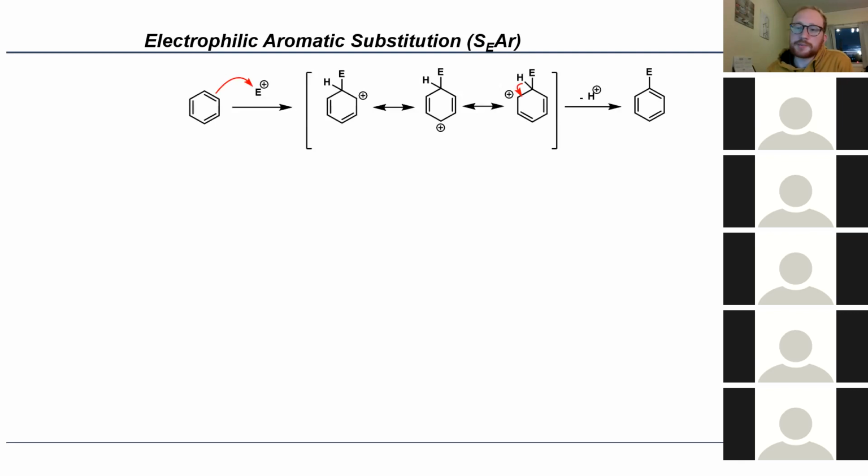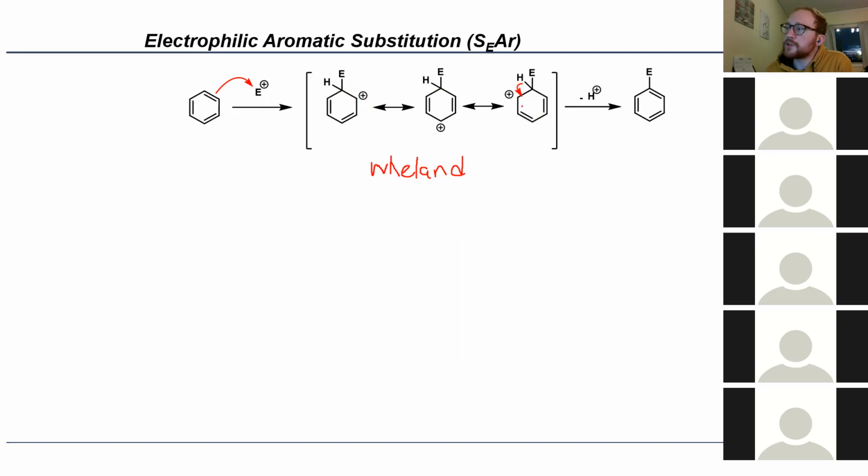In electrophilic aromatic substitution, the general scheme looks like this. We have an aromatic group that attacks an activated electrophile. This breaks aromaticity to form what is called a Wheland intermediate. The Wheland intermediate exists as a series of resonance structures wherein positive charge resides ortho and para to the arriving electrophile.